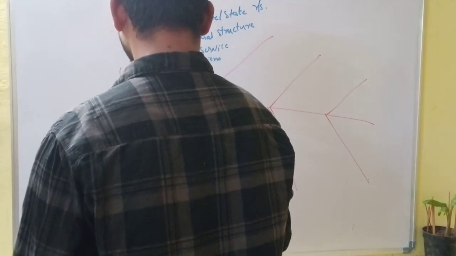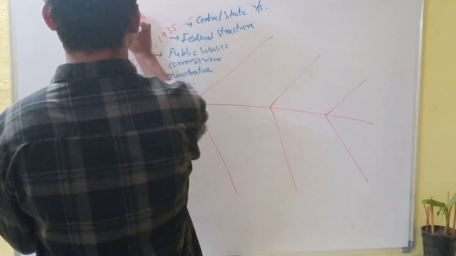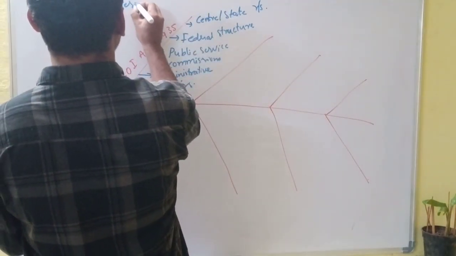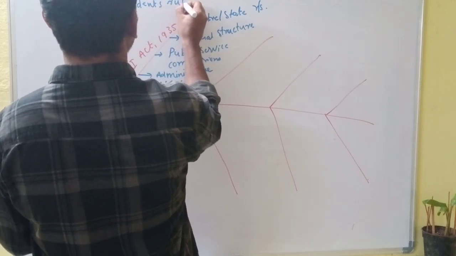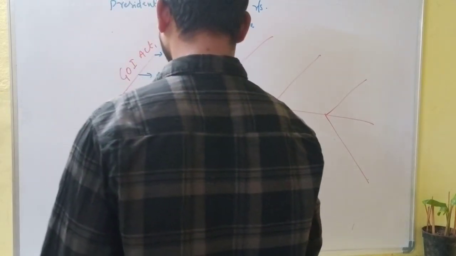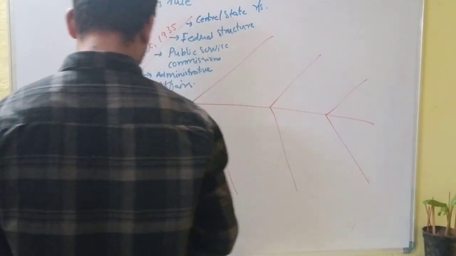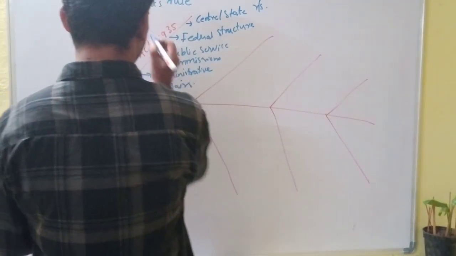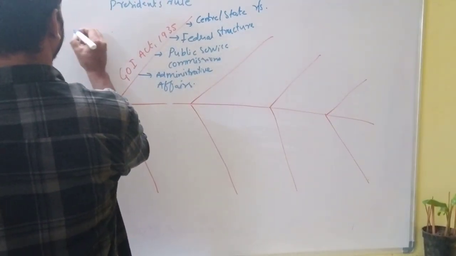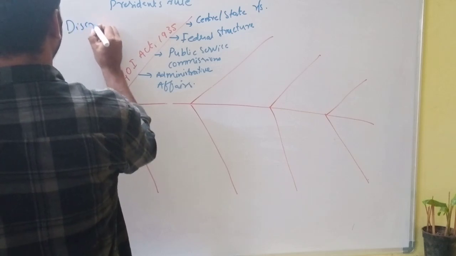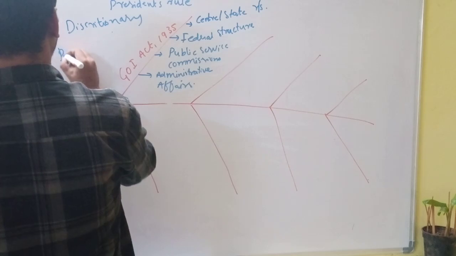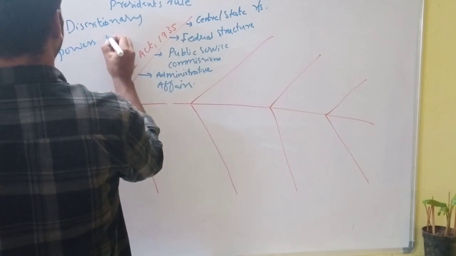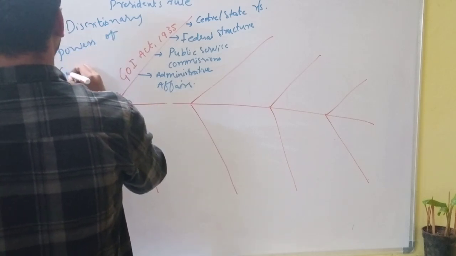What else? President's rule. And discretionary powers of governors.